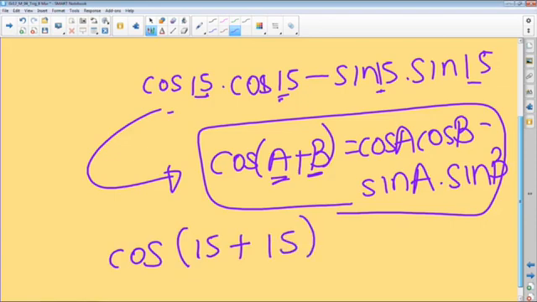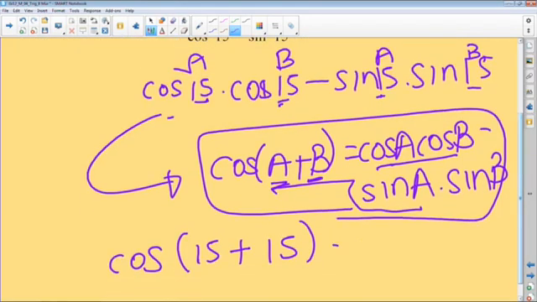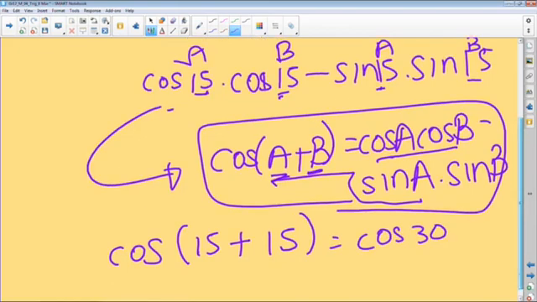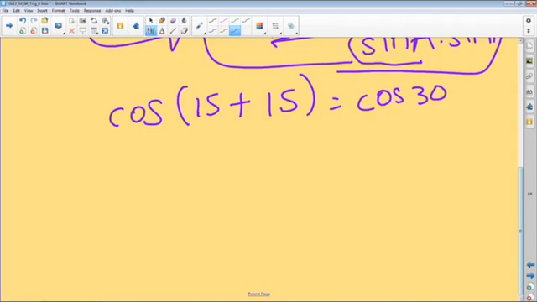The reason I can do that is it's just using my expansion from my formula. I've got this part of it, cos A cos B minus sine A sine B. So this is like my A, and that's my angle B. So I can just rewrite this in the formula as cos 15 plus 15, which is then cos of 30 degrees. And cos 30 is equal to root 3 over 2.